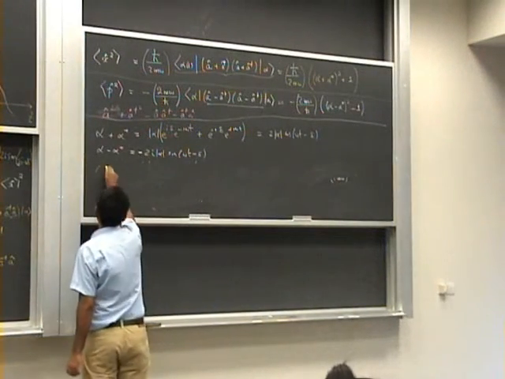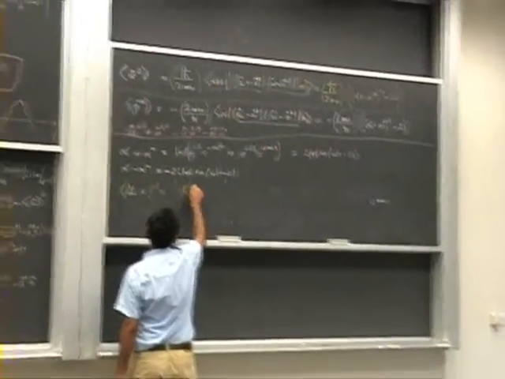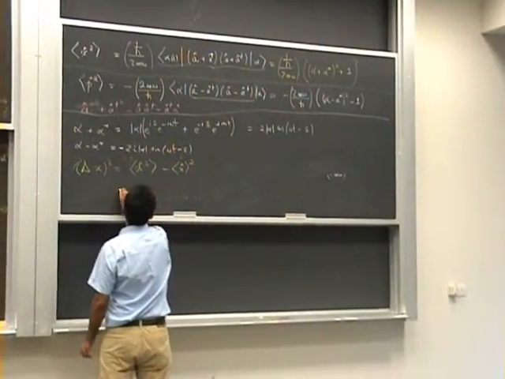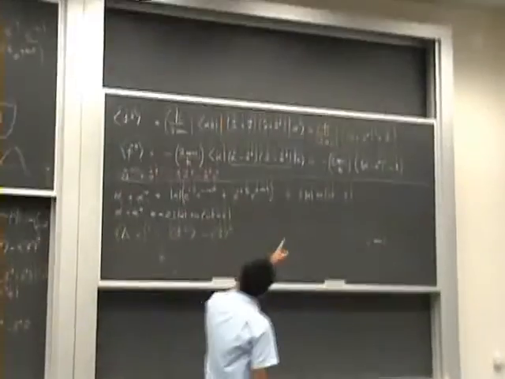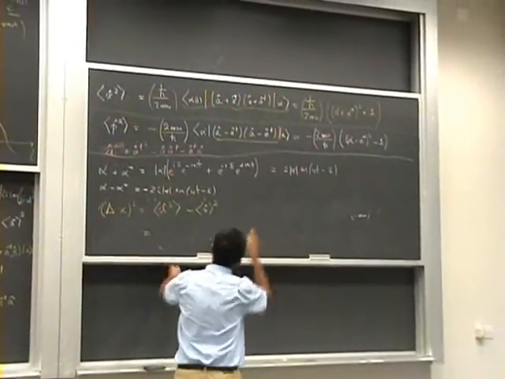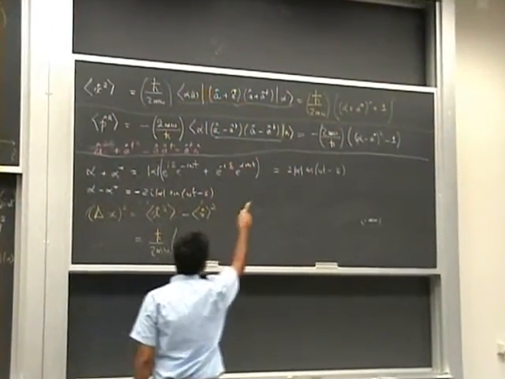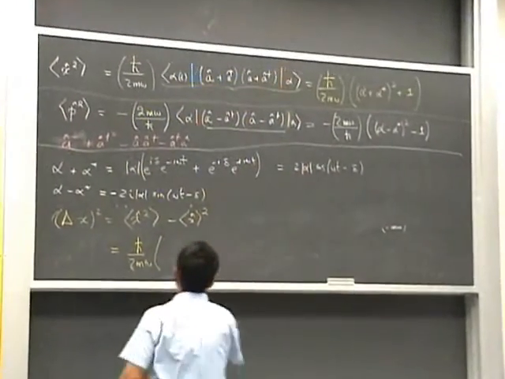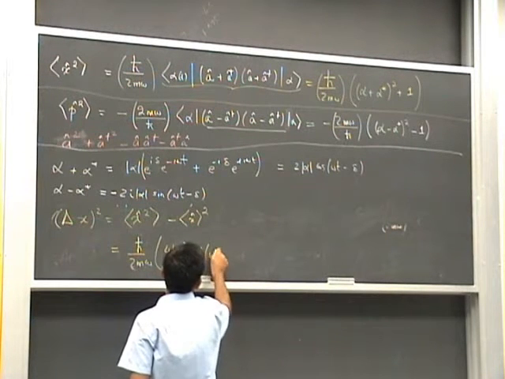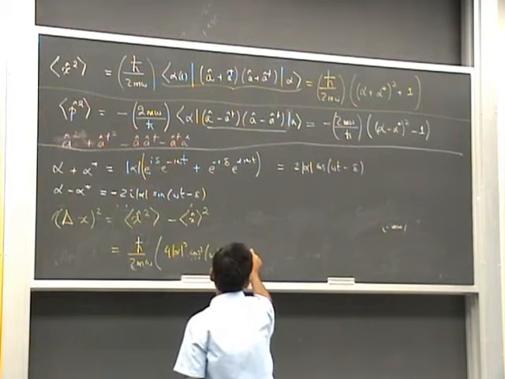So my delta x squared is x hat squared minus x hat expectation value squared. Now what is my x hat squared? It is the square of that term, h bar over 2m omega, alpha plus alpha star is given by this. So I have 4 alpha squared cosine squared of omega t minus delta, plus 1.